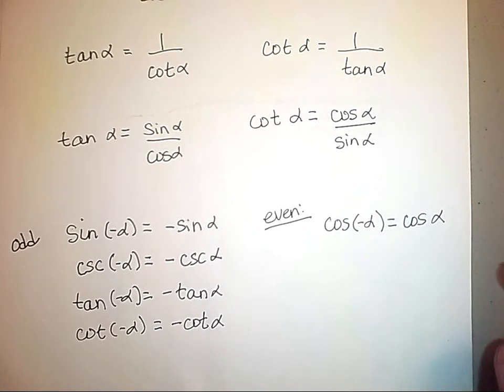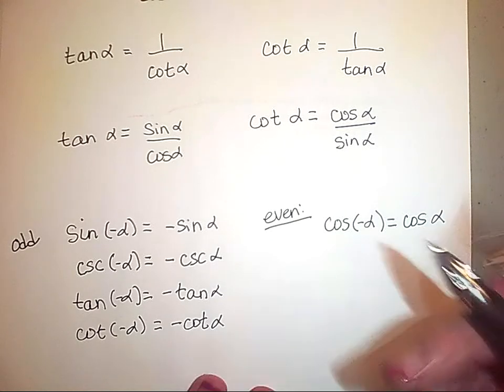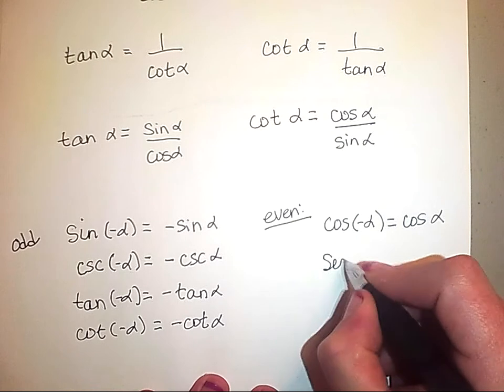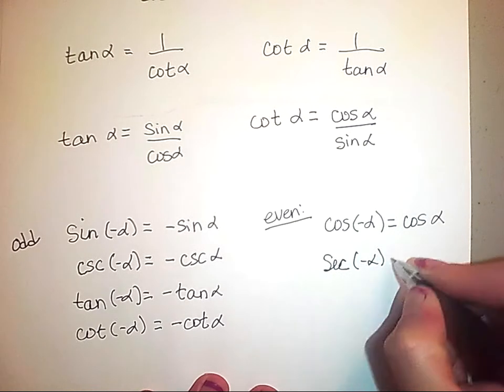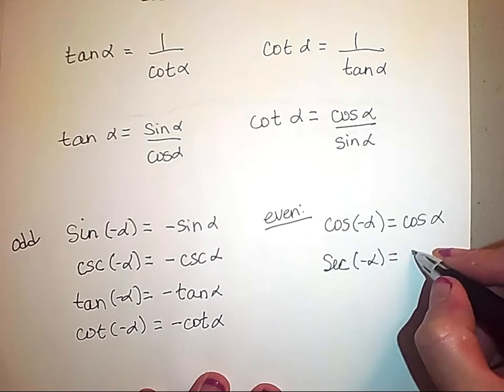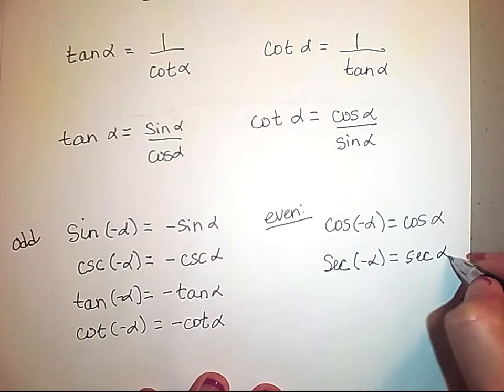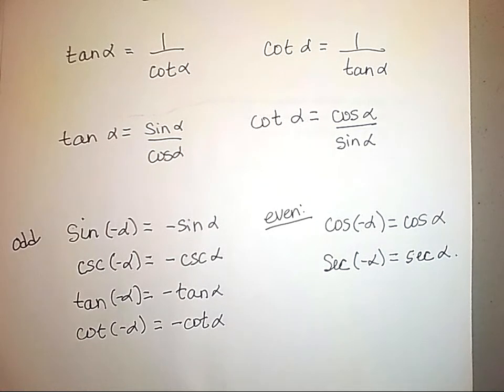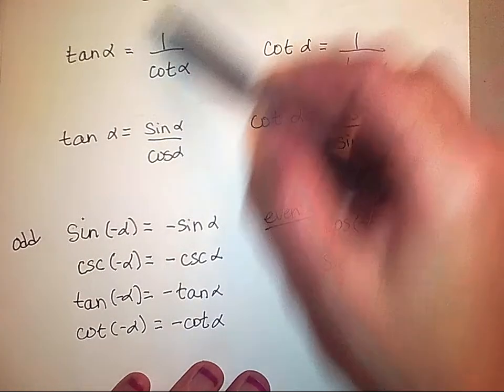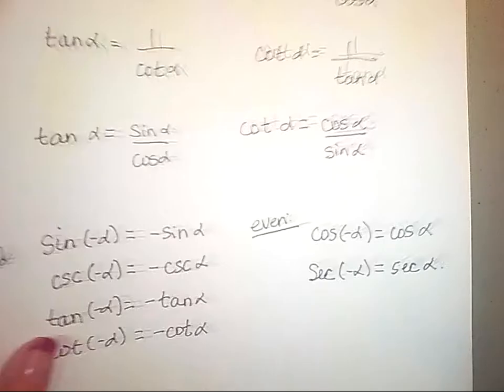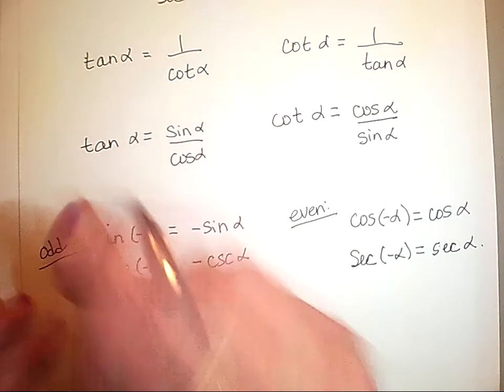And then similarly, because the secant is the reciprocal, the secant of negative alpha is also even. Right? Now, you'll need to know all of these identities. Remember, we have a few more also.